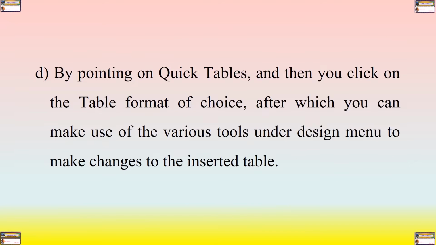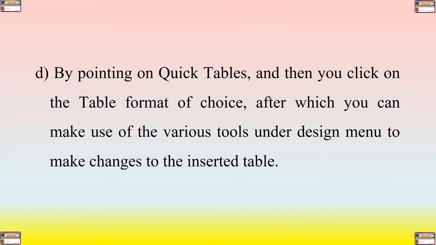The fourth method or way of creating a table is by pointing on Quick Tables, and then you click on the table format of choice, after which you can make use of the various tools under the Design menu to make changes to the inserted table.